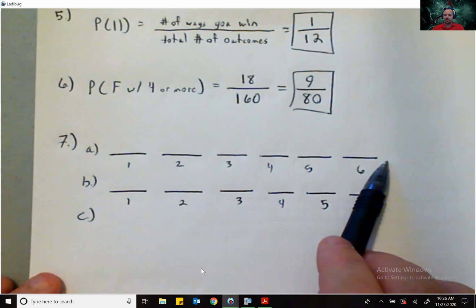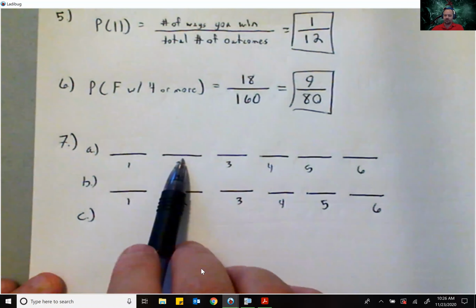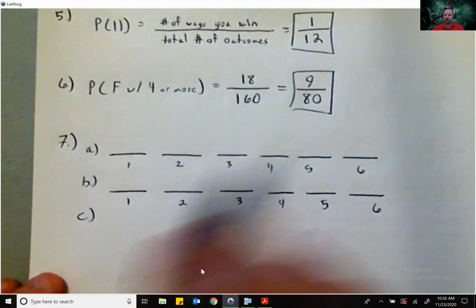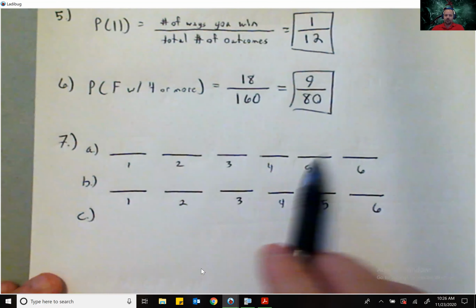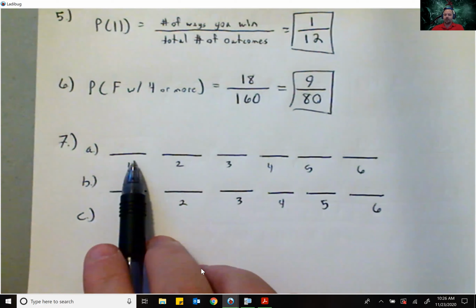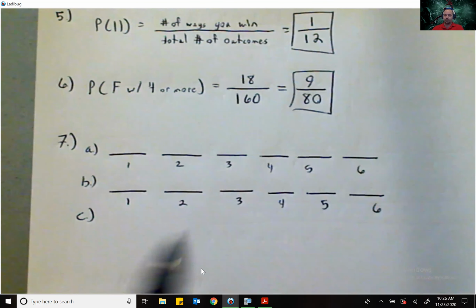You got so many ways the first person can come, so many ways the second person can come, so many ways the third person can come. You've got different groups, and the groups are the different times each person can come, whether you're first, second, third, fourth, fifth, sixth.